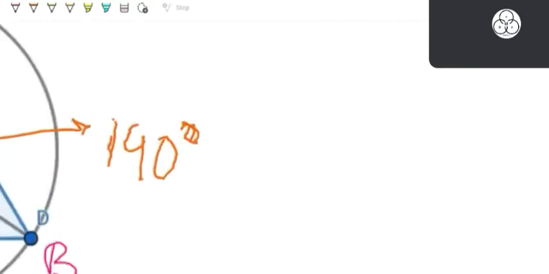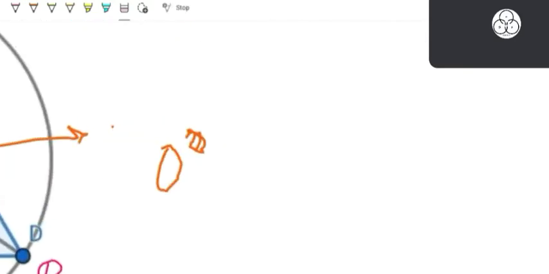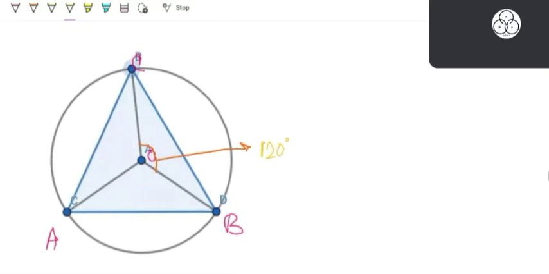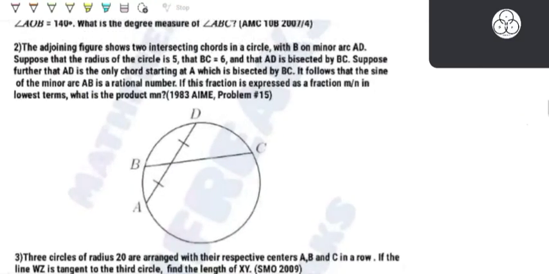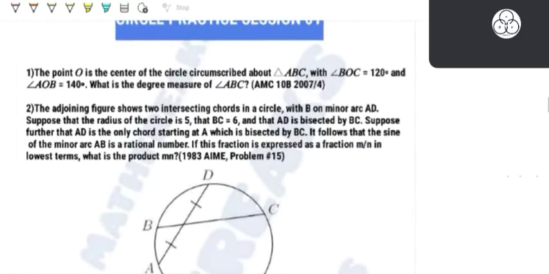This is 120. And angle AOB is 140 degrees. And what do we need to find out? Find the degree measure of angle ABC.